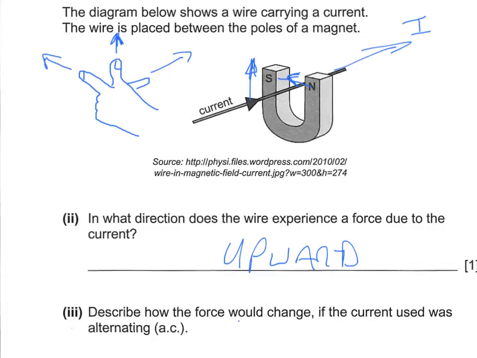If you kept having to flip your hand from current going this way to current going that way, you would have to rotate your hand through 180 degrees to get your finger pointing down this way, and that would also rotate your thumb through 180 degrees, and your thumb would be pointing down. So the current reversing would cause the force to reverse, and so you would get up down pushes as a result of that.